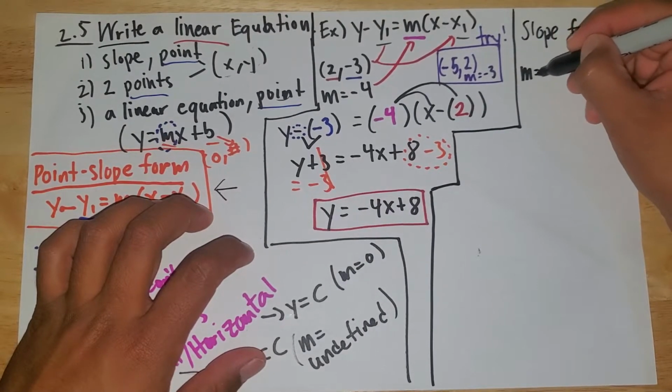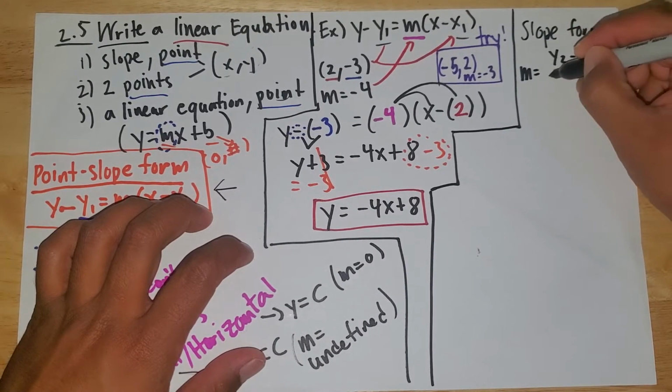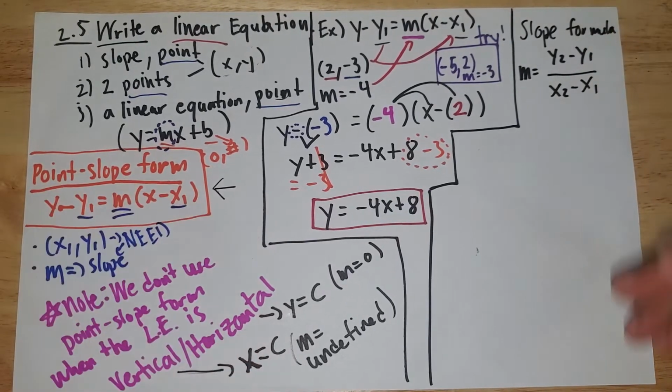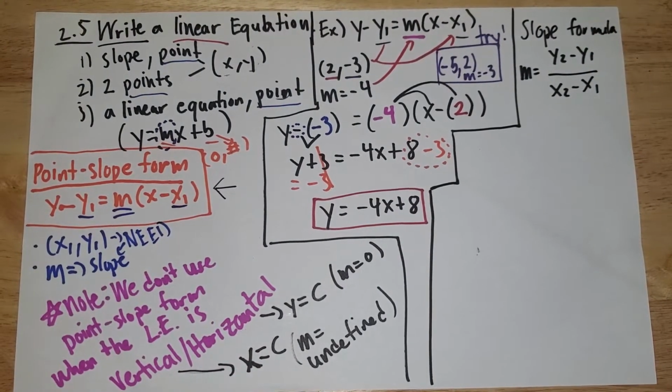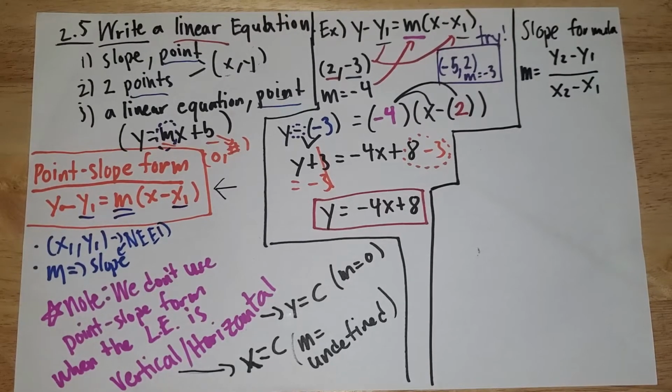And hopefully everyone remembers it. It's y sub 2 minus y sub 1 over x sub 2 minus x sub 1. So that's our slope formula.